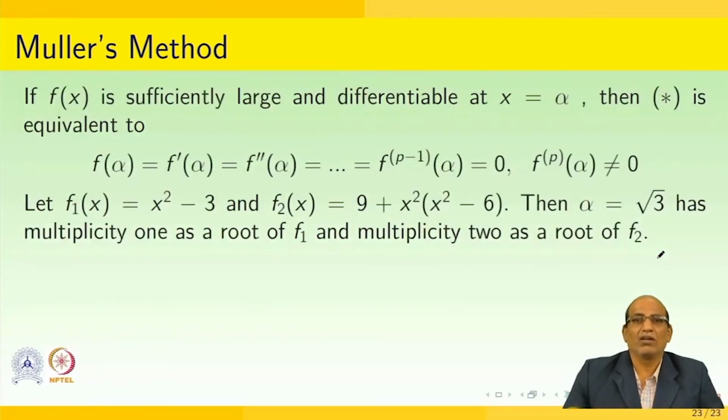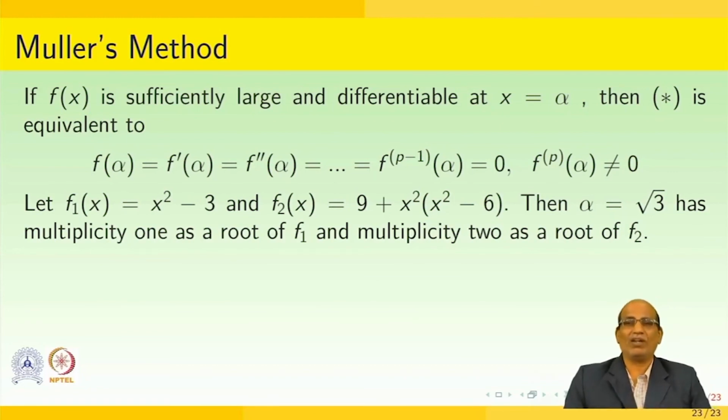Well, what is the Muller method? If f(x) is sufficiently smooth and differentiable at x equals alpha, then f(alpha), f prime(alpha), and so on are all 0, but the pth derivative is non-zero. Then we can apply the Muller method. See this simple example. If you have f1 equals x squared minus 3 and f2 equals (9 plus x squared) times (x squared minus 6), then alpha is equal to root 3.